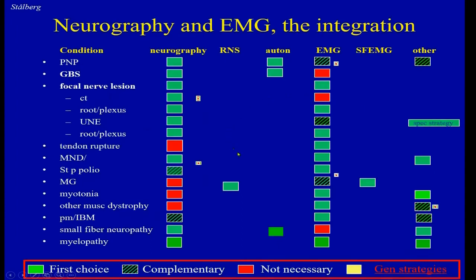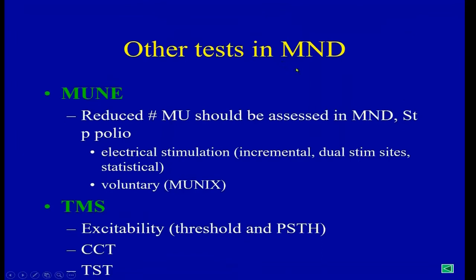And there are also other techniques for the use in the diagnosis of motor neuron disease, different types of motor unit number estimation techniques. They are particularly useful in the follow-up of patients that are on different types of treatment.